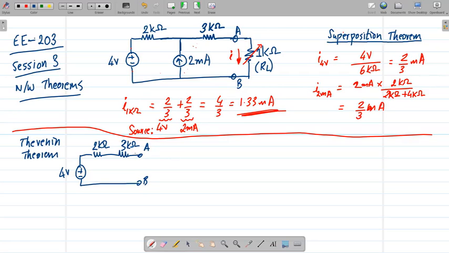And now since there is no closed path over here, the entire 4 volts has to drop across the terminals A and B. Okay, so the Thevenin voltage due to the voltage source is 4 volts. Now I want to use the current source, then what I would have to do is short circuit the voltage source, 2 kilo ohms.